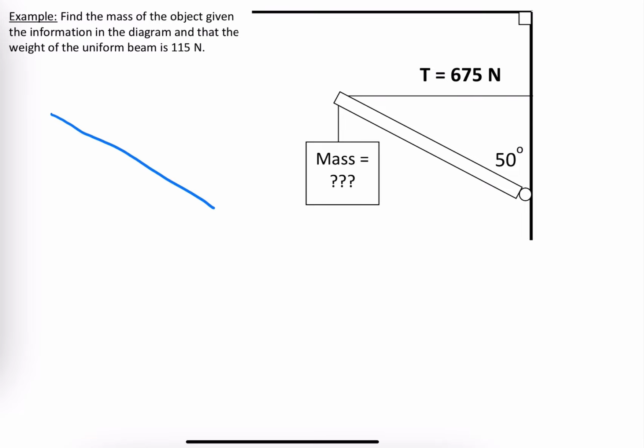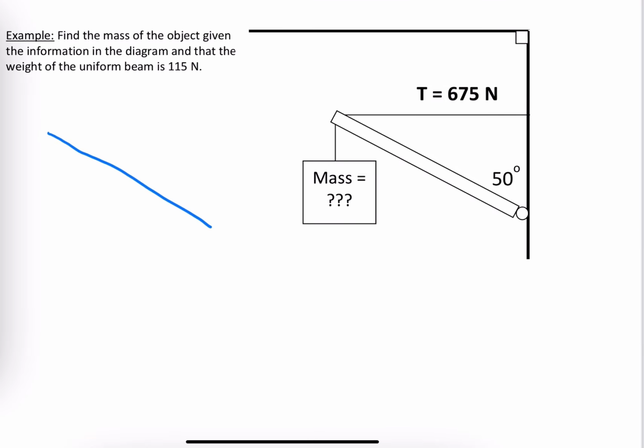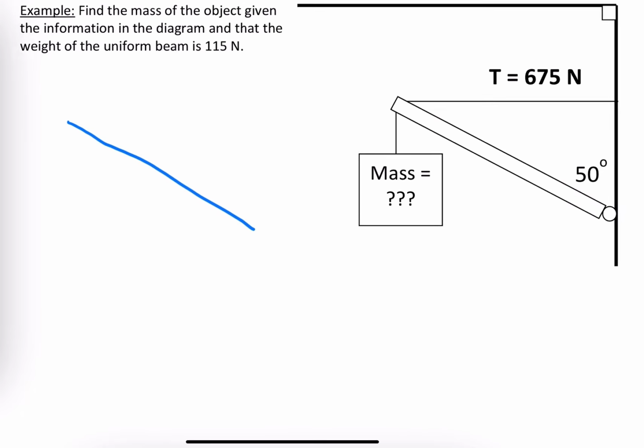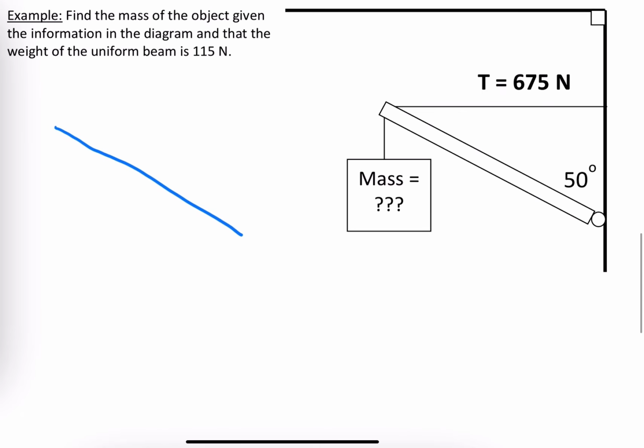So we've got the weight of the beam is 115 newtons. That will be acting right in the middle of the beam. And I'm thinking I might just make this diagram a little bit bigger because I know I'm going to have a lot of triangles here. So bear with me for a second.